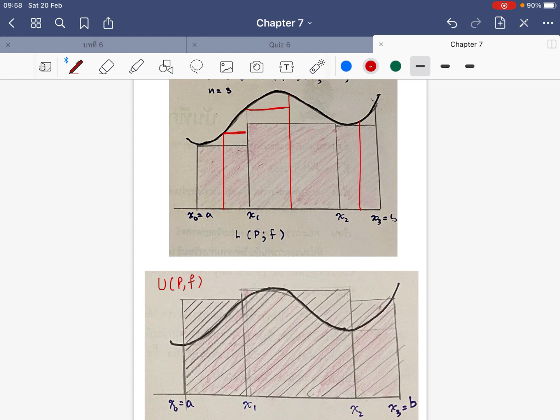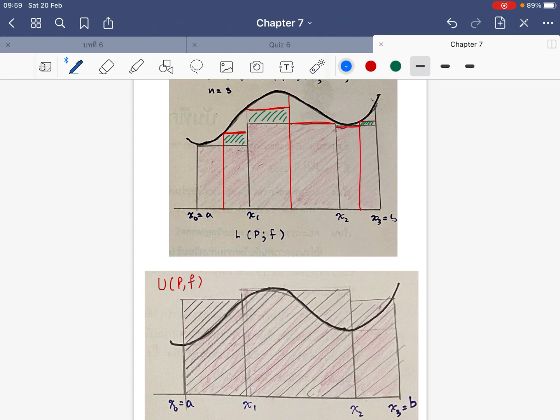And on this interval, this one is still the lowest. On this interval, this one's still the lowest. You may see that the area under the curve that you haven't earned before, you earn it as you do the finer partition for the lower sum.